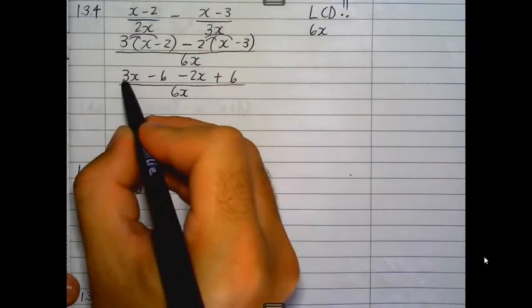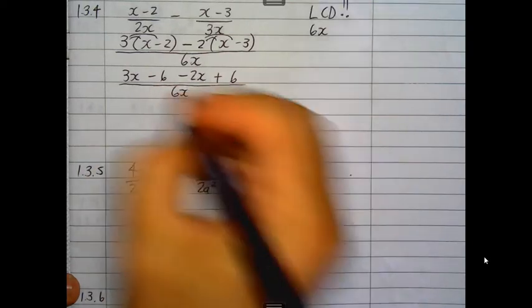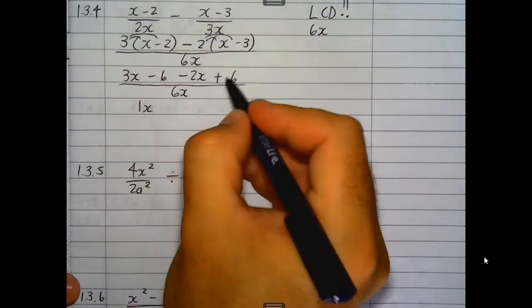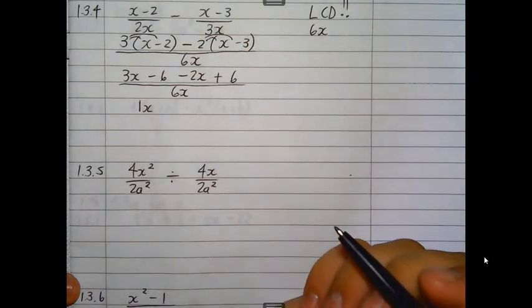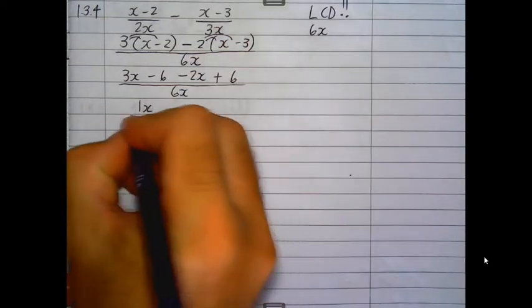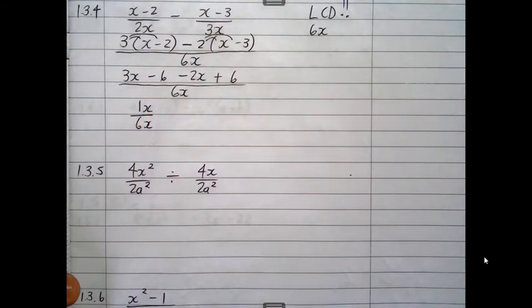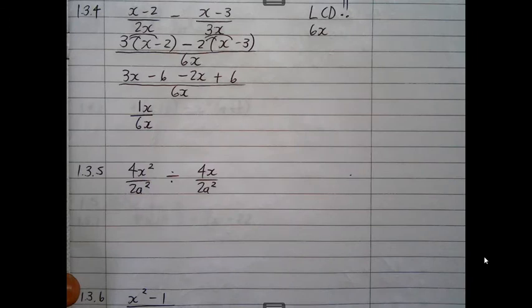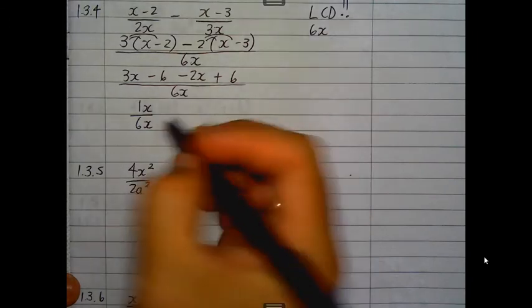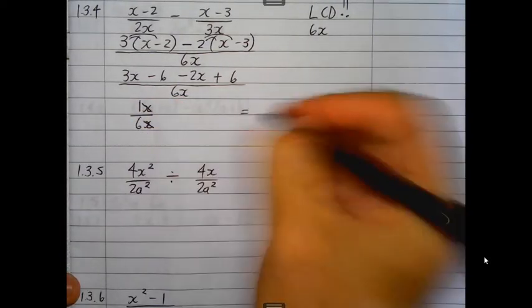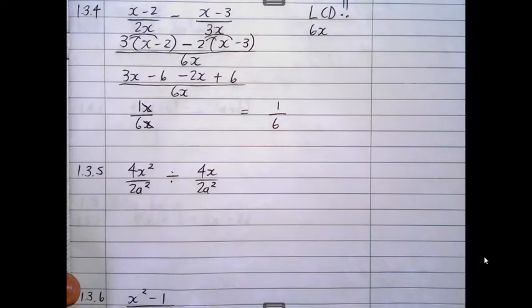Like terms, 3x minus 2x is 1x. And negative 6 plus 6 cancel each other out, 0. What's our denominator? 6x. So we've got 1x over 6x. Can we simplify that a little bit? Yes, the x's can cancel each other out, and our answer will be 1 over 6.